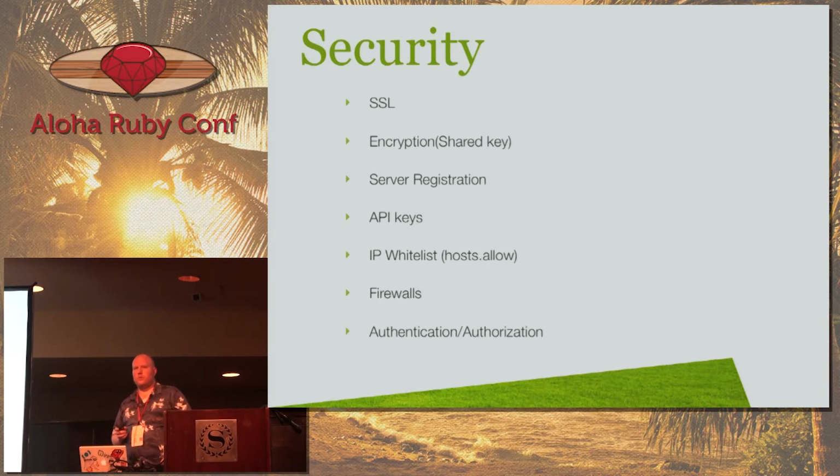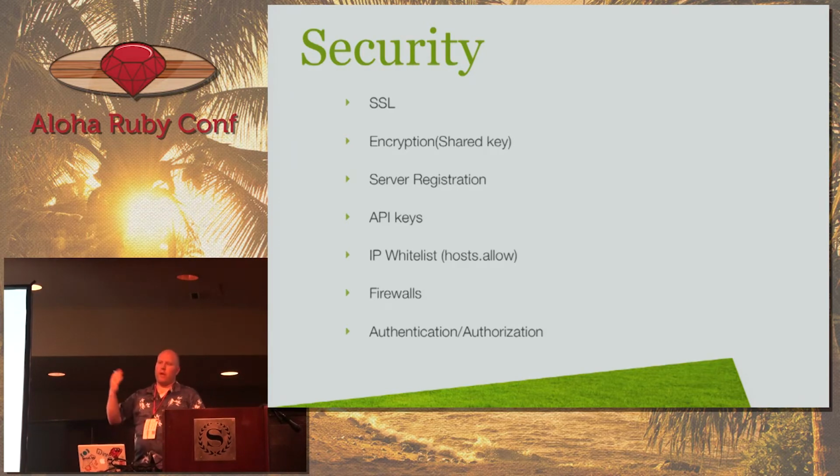So basically you set something up so that your server can prove that it has the authority to make calls to the system. And then from then on, since it's registered, it doesn't have to authorize or authenticate anymore. It just does what it does. You can also have it get an API key, and then it passes the API key every time. You can also have a general API key that you just build in.